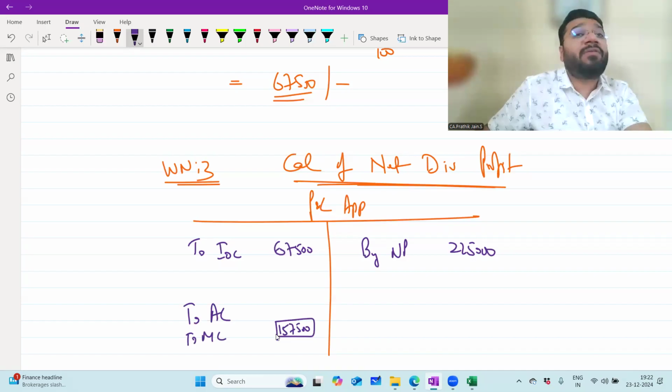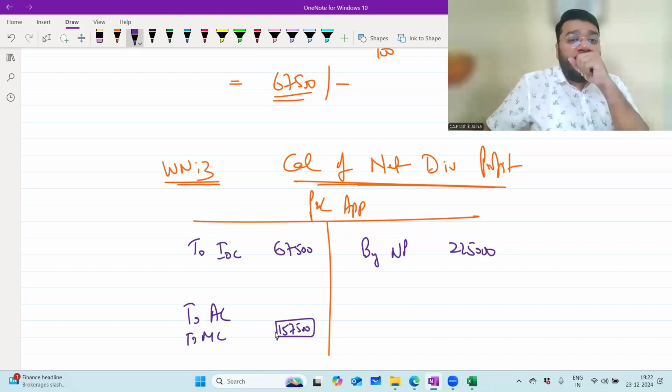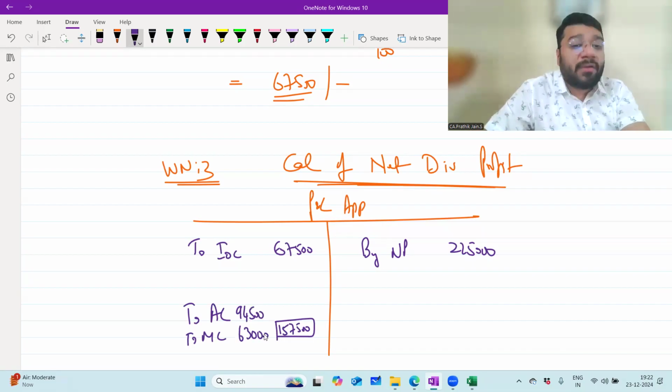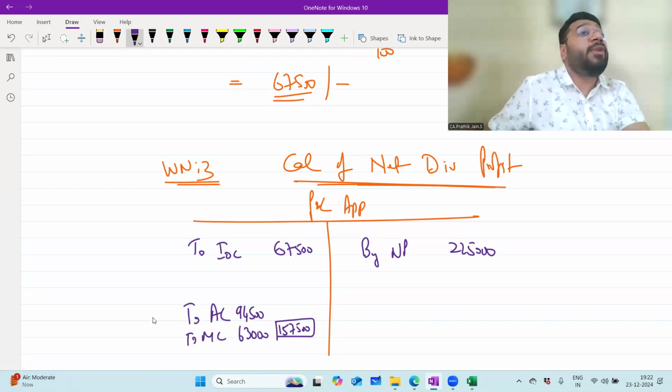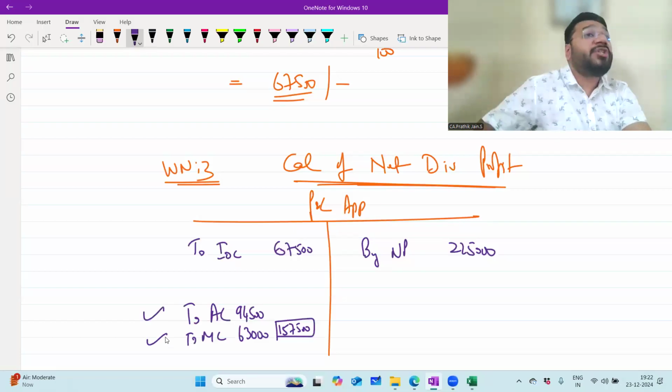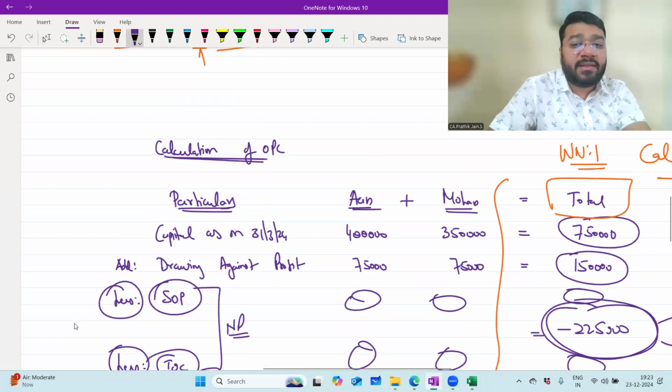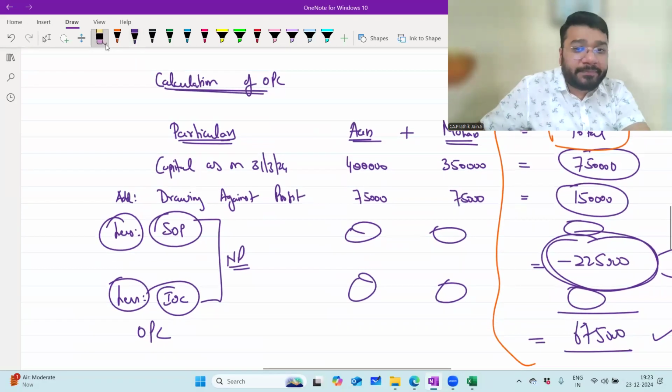So please split this 1,57,500 in the ratio 3:2. 94,500 and 63,000. Now I've got the individual share of profit with the help of working note 3. Please come and substitute it here.